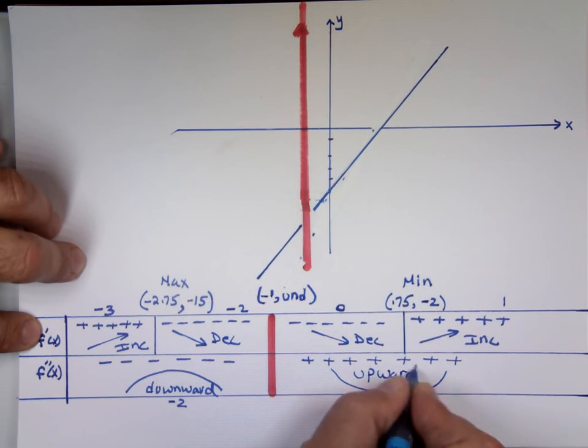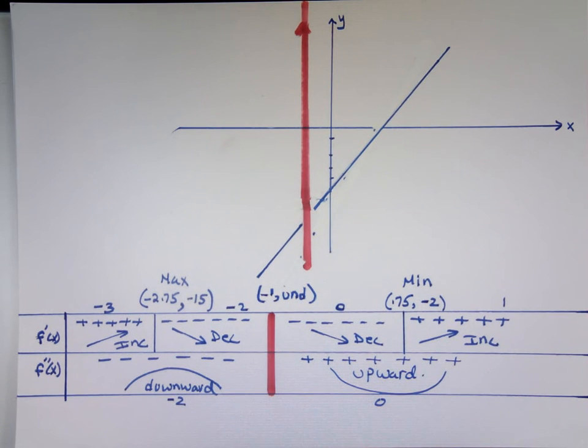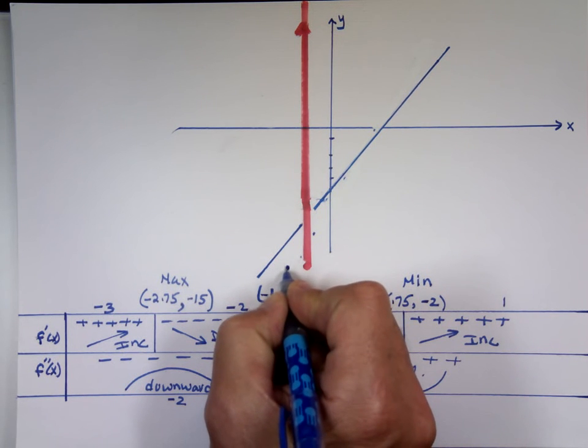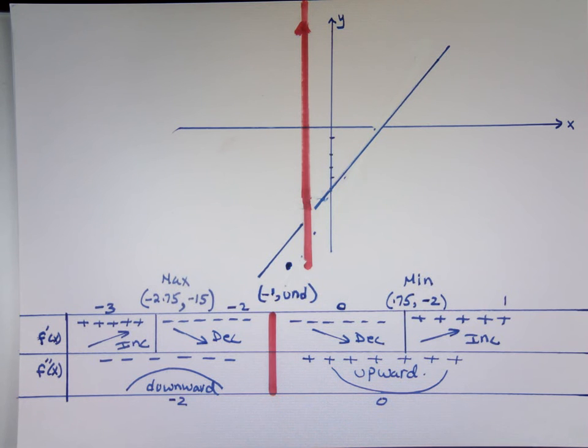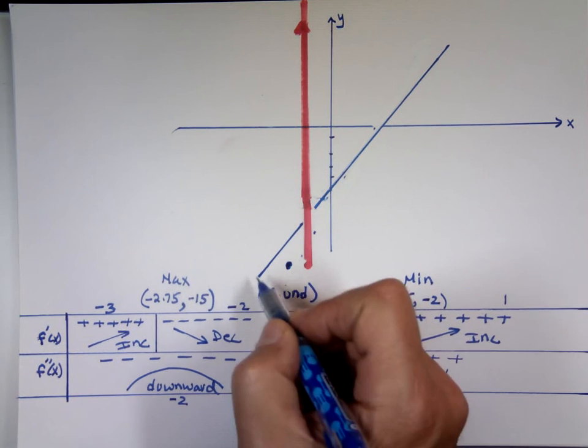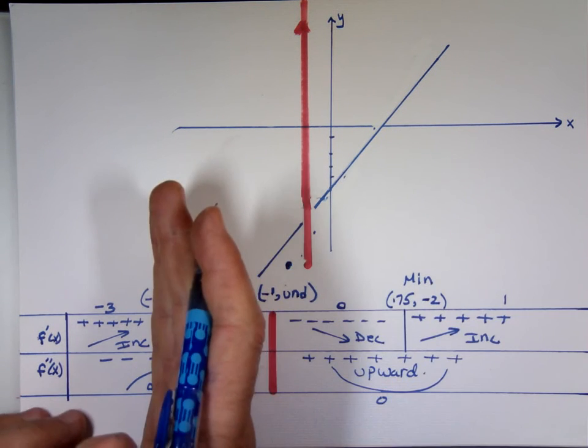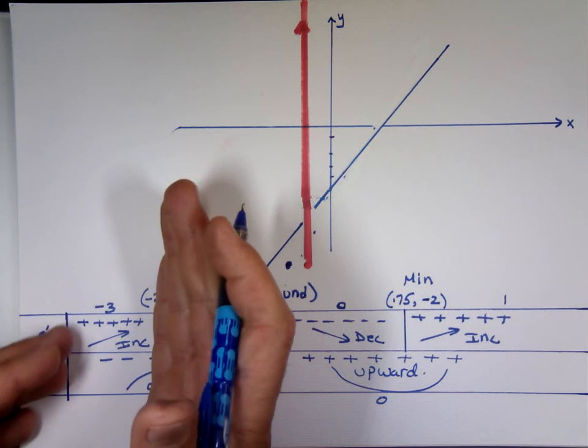Now we're going to see how these vertical asymptotes are going to work. Negative 2.75, minus 15 is down here, somewhere here. Notice this is an asymptote. It says up to this line, up to that point, your function is increasing, it's concave down.